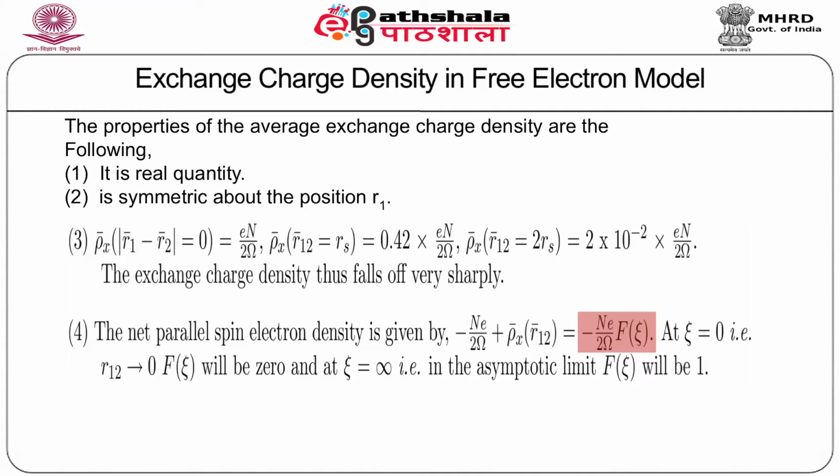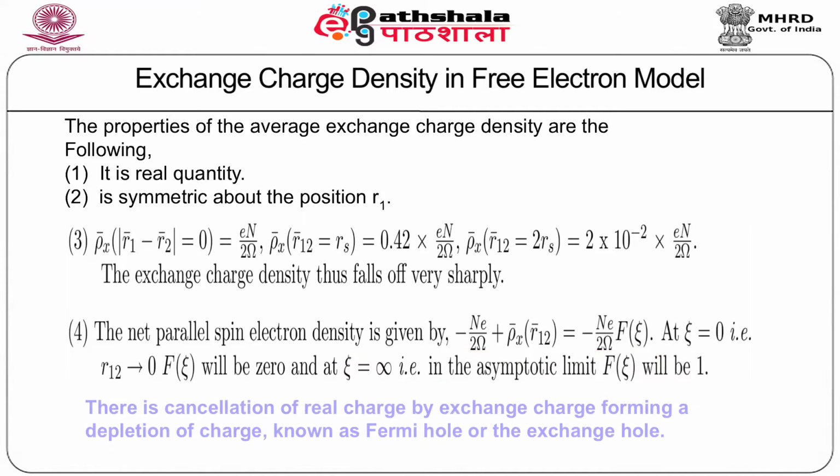Xi was defined a slide ago. At xi equal to 0, that's when the R12 tends to 0, f of xi will be 0. And at xi infinity, that's an asymptotic limit, f of xi will be 1. There is therefore the cancellation of the real charge by the exchange charge, forming a depletion of charge known as Fermi hole or the exchange hole.